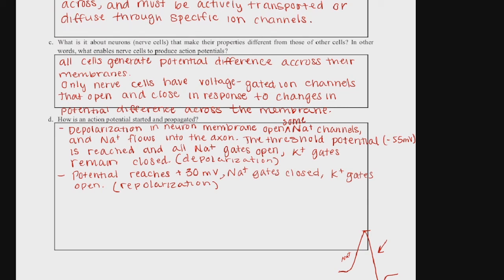And then when the potential difference reaches negative 70, I just want to write this out. So we have negative 55 threshold. Then the cell reaches negative 70 millivolts, and potassium gates close.